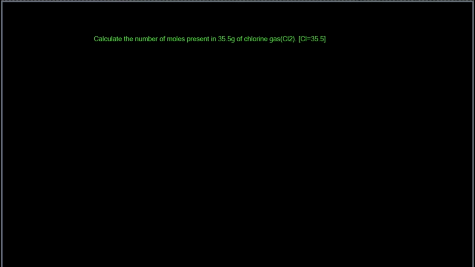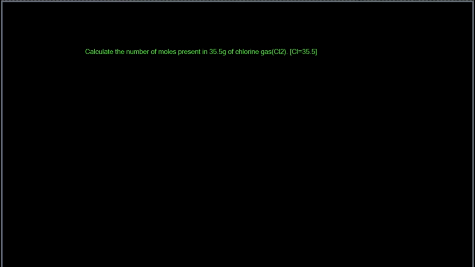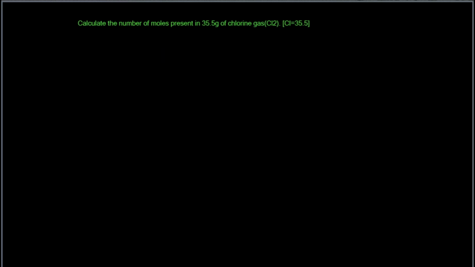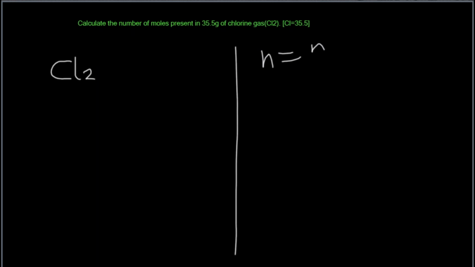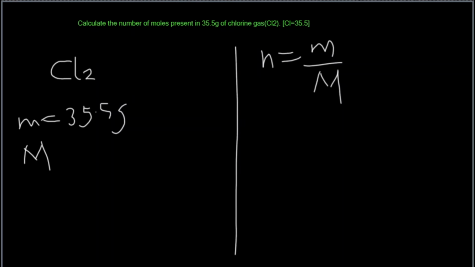So this is how it's supposed to look like, Cl2. We know that n equals mass over molar mass. We have mass, which is 35.5 grams. Here we need molar mass.